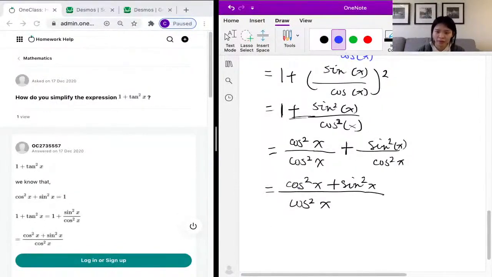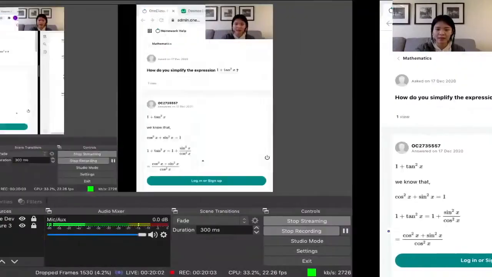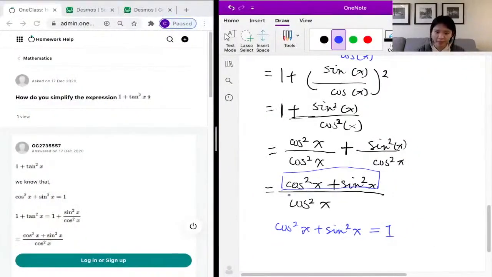This should ring a bell, because this is another one of our trig Pythagorean identities, which states that cos squared x plus sine squared x is equal to 1. So we can just interchange cos squared x plus sine squared x with 1 because they have the same value.